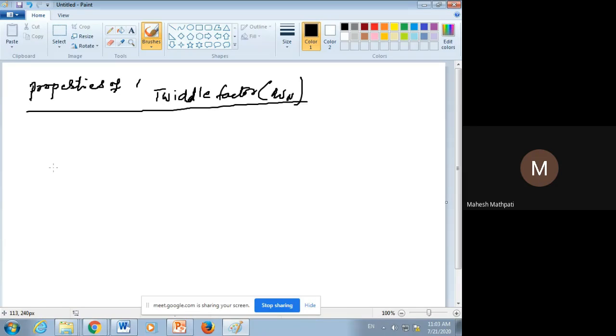We know that the N point DFT of the sequence x of n is given by, what is the formula here?